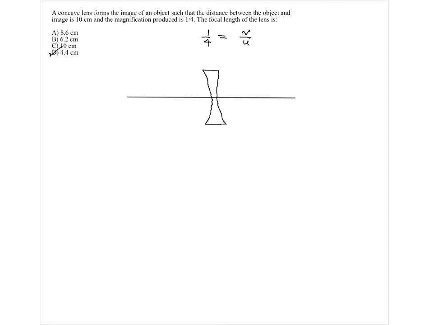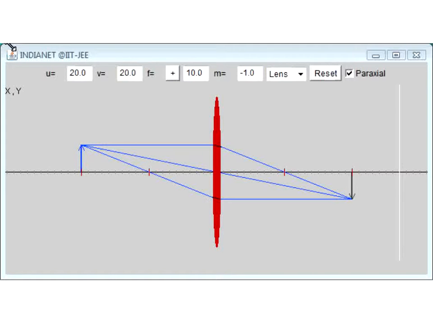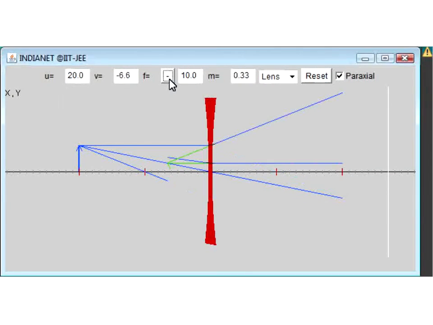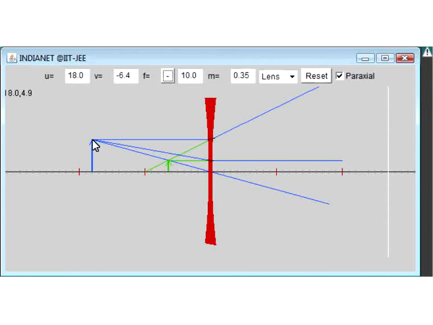Concave lens is a diverging lens, right? I think this is also the right time to look at the cases for the two lenses that we come across most often. Concave lens. So you can see that it is diverging.